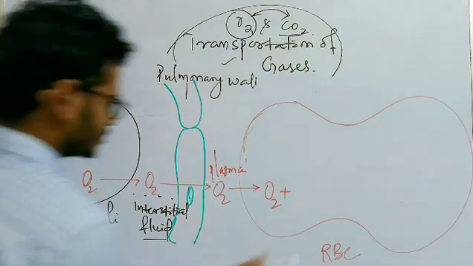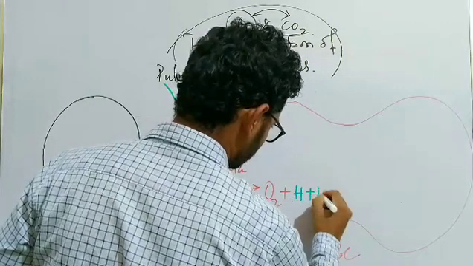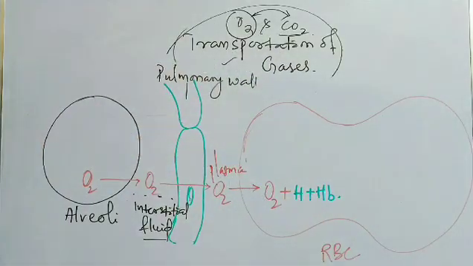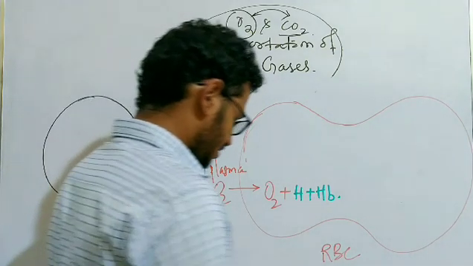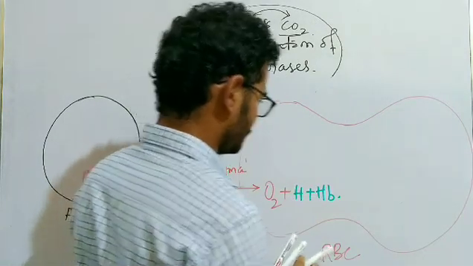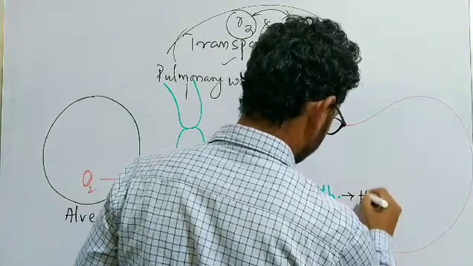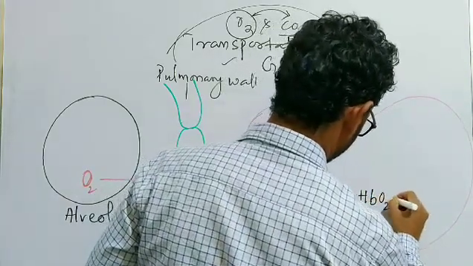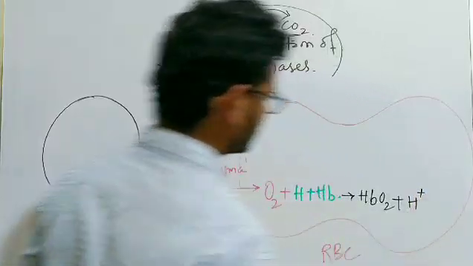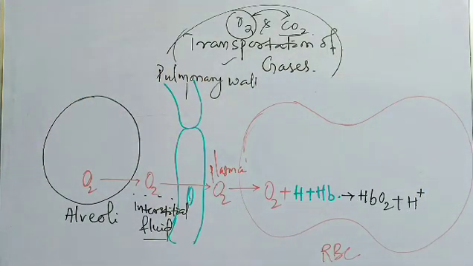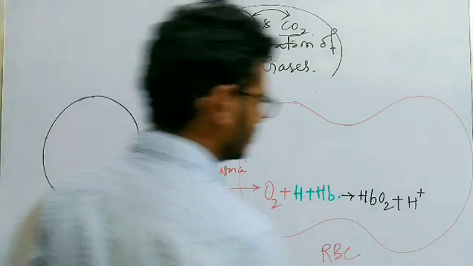So HB combines with O2, plus it releases hydrogen ion, H plus, which is accepted by the HCO3 minus.